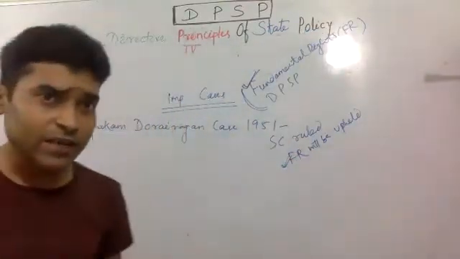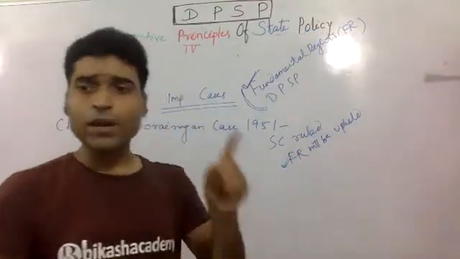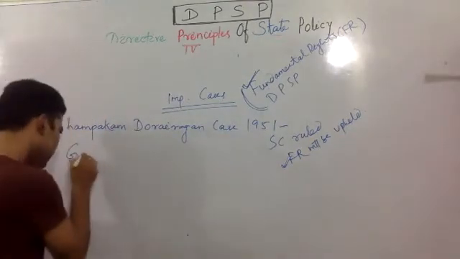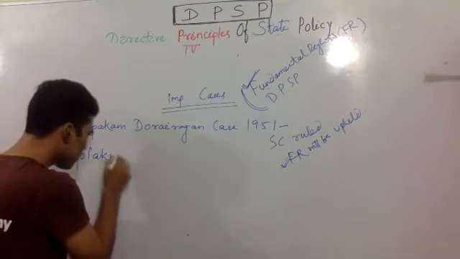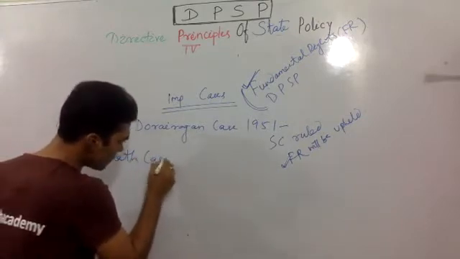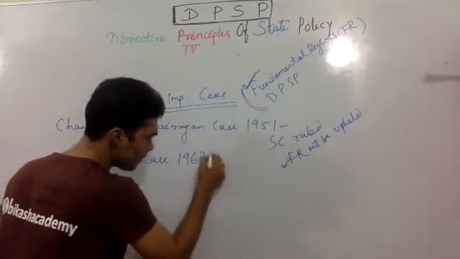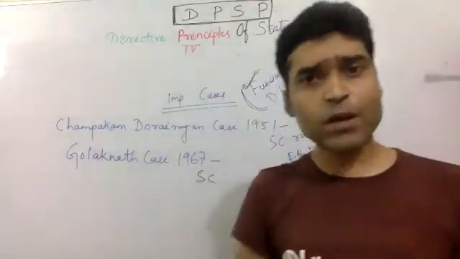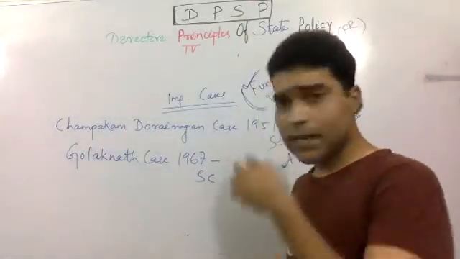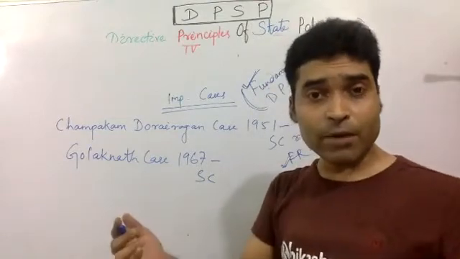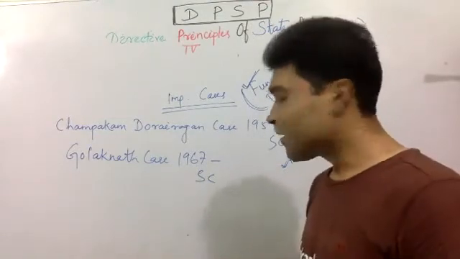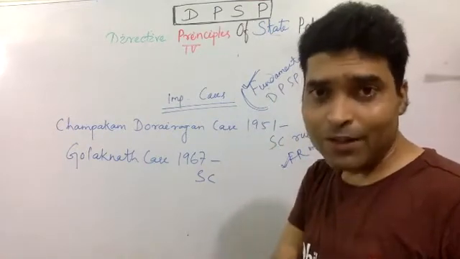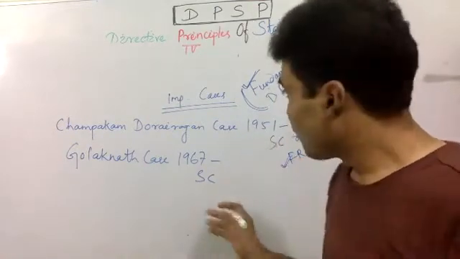Now, in the Golaknath case, 1967, the Supreme Court rejected the previous judgment and said that in case of conflict between fundamental rights and DPSP, Parliament has no power to amend the fundamental rights.